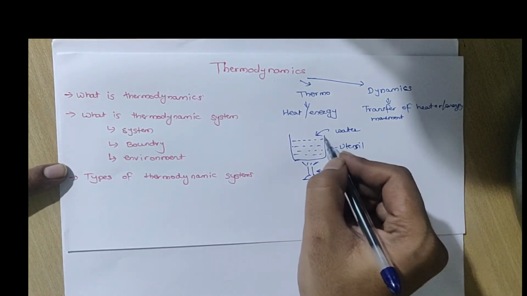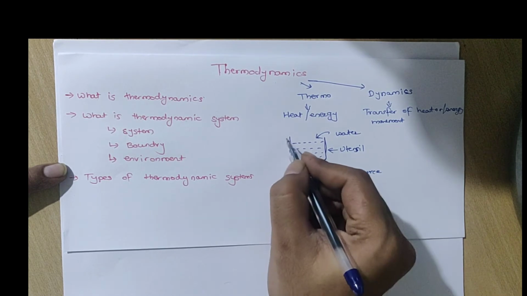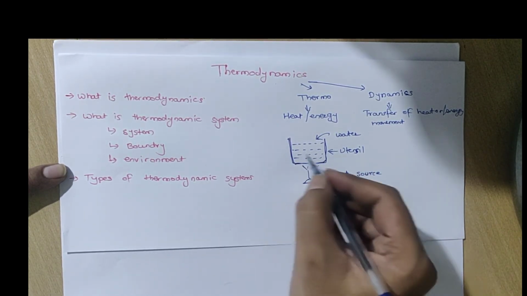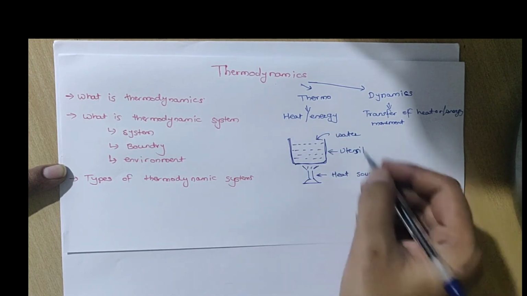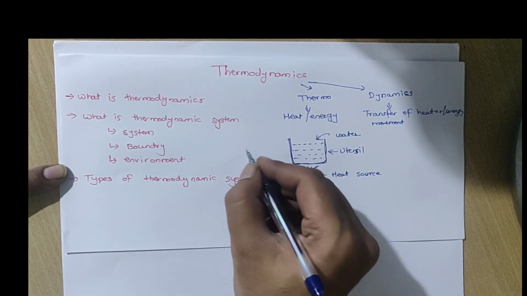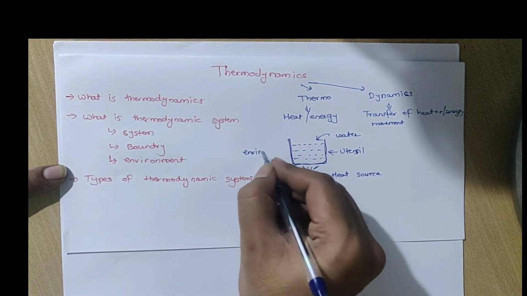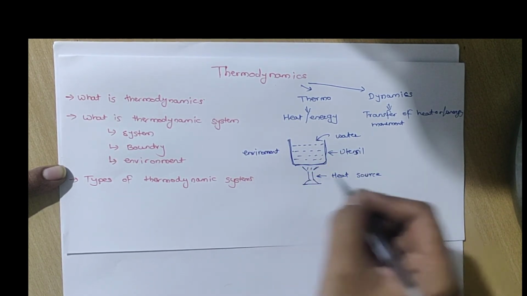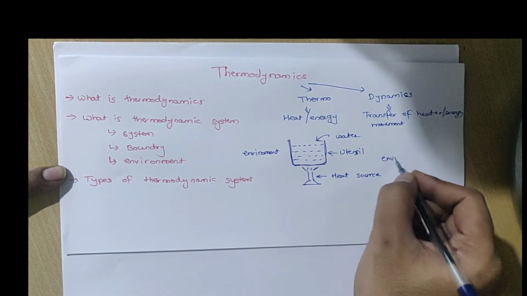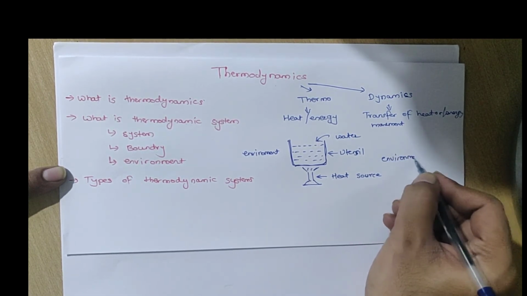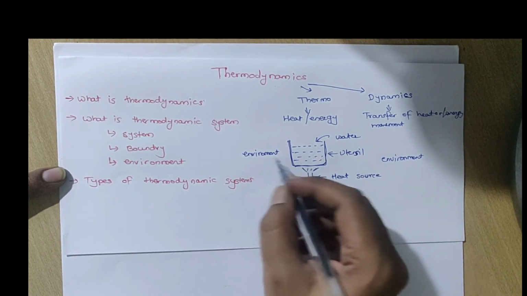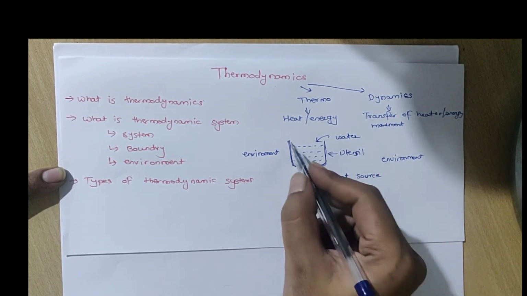Then this utensil in which we have filled this water becomes our boundary. So the surrounding of this system is environment. This is also environment. So this water is separated from this environment using this utensil.